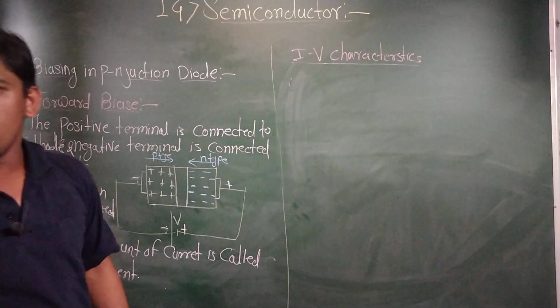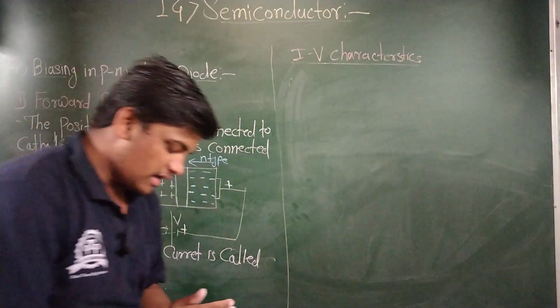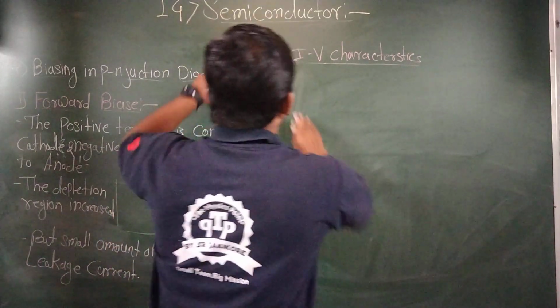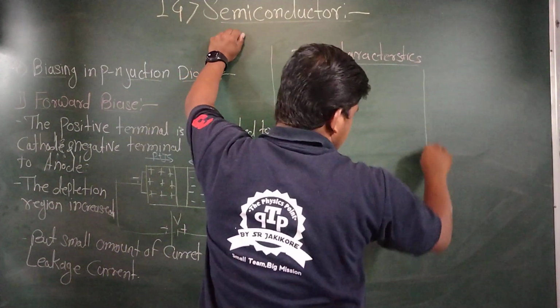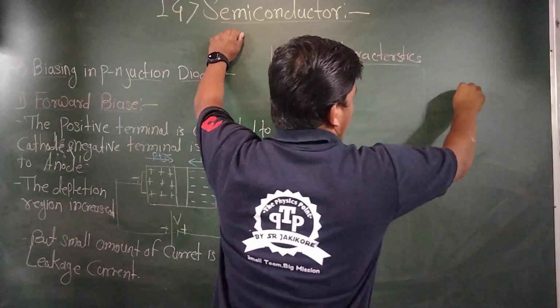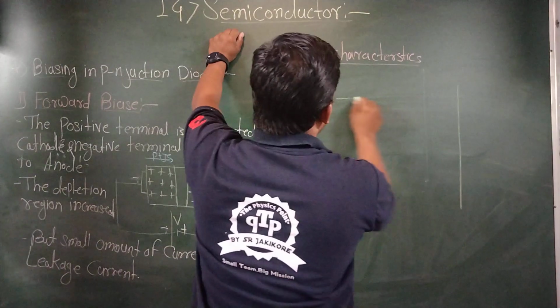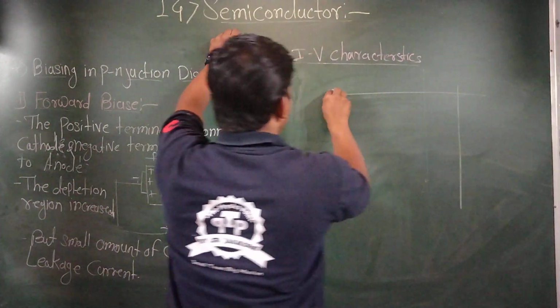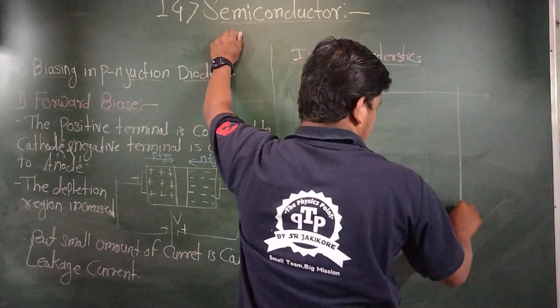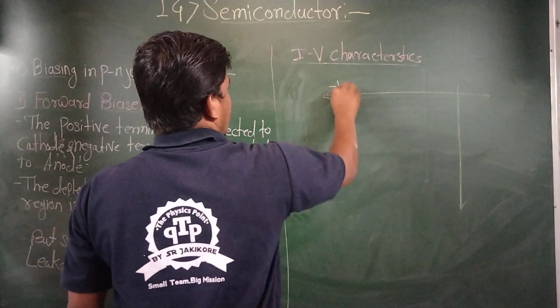Then, when the applied voltage is increased, let's draw the same graphical representation again, but in a slightly different manner. This is the current and this is the applied voltage.